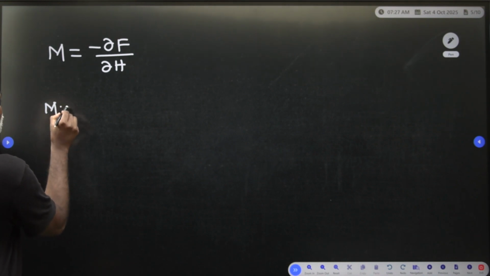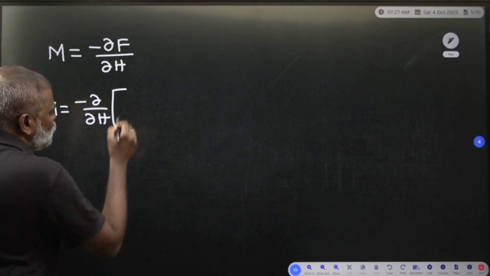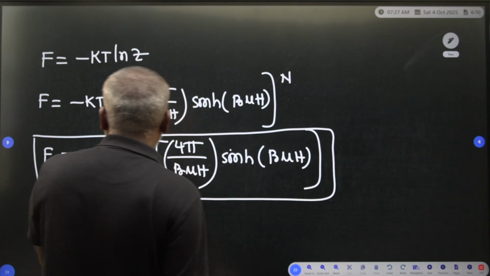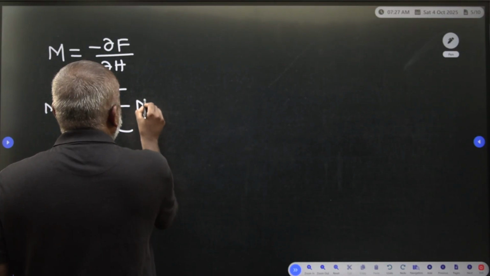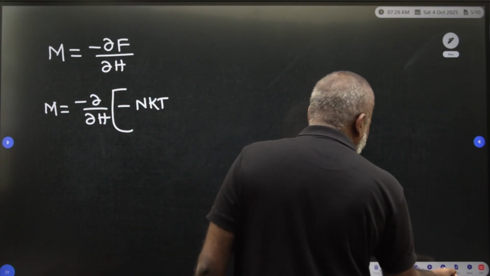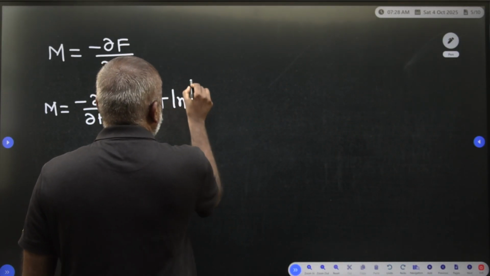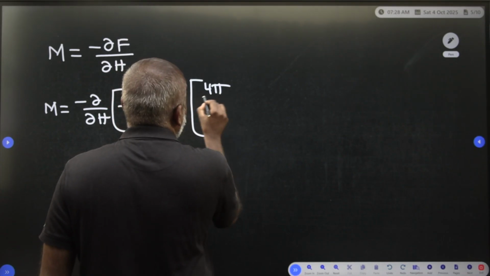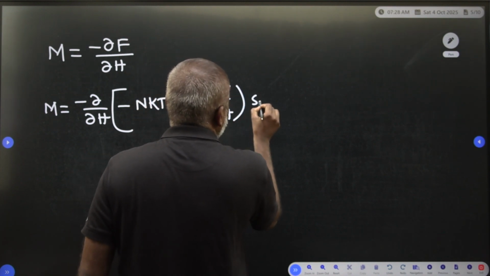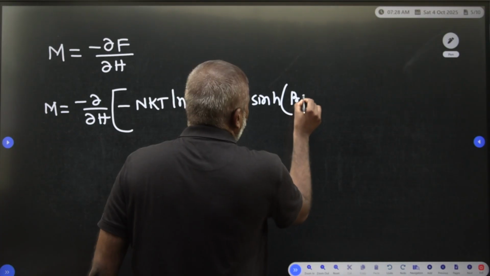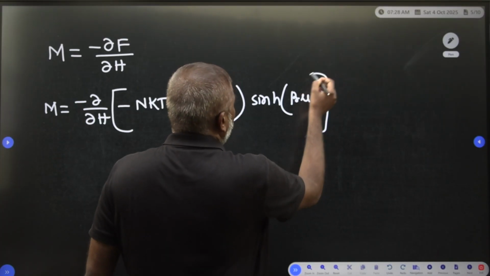Now substitute F, which is -NkT ln(4π / βμH × sinh(βμH)).